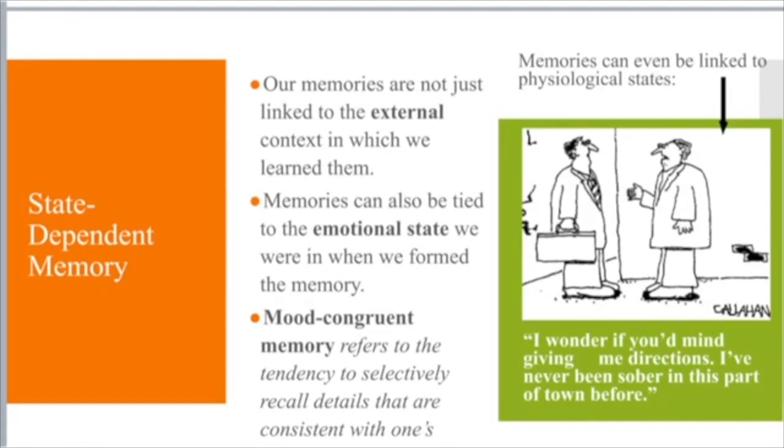Our memories are not just linked to the external context, but also the emotional state we were in when we formed the memory, right? An even deeper branch of state-dependent memory is mood-congruent memory. This refers to the tendency to selectively recall details that are consistent with one's current mood, right?